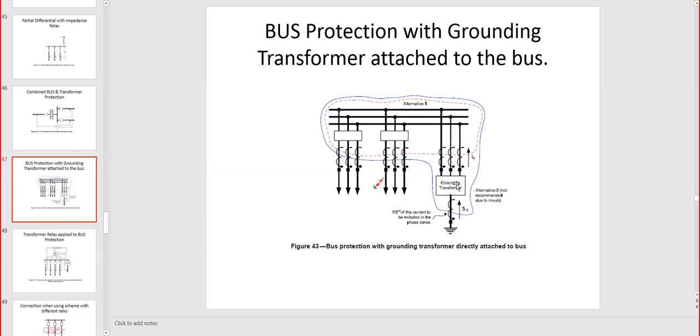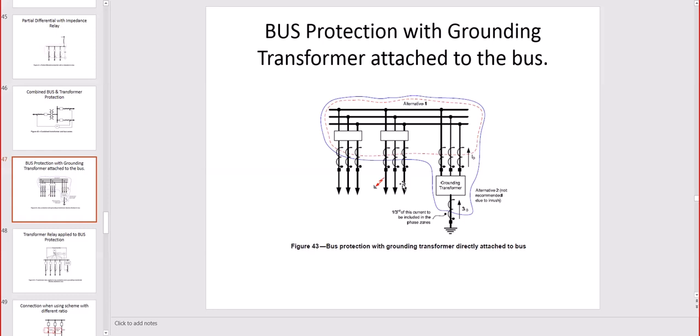So it's a very efficient method to clean up the harmonics on the system, or unbalance harmonics from the unbalanced load. But when a fault happens, for example in the middle feeder, this will create the 3I0 to move 180 degrees and it will go upstream to feed the fault.